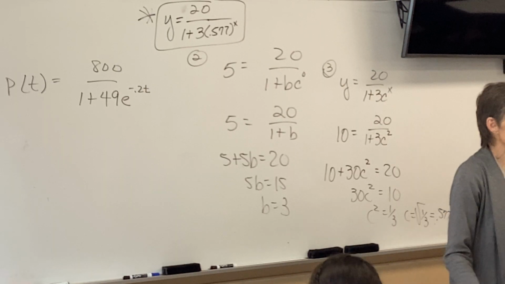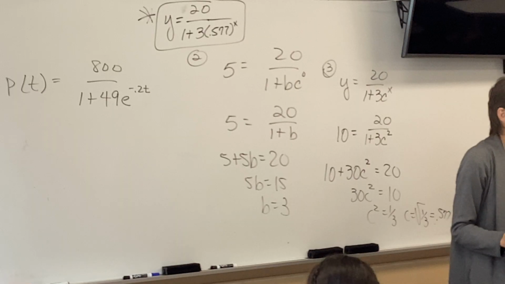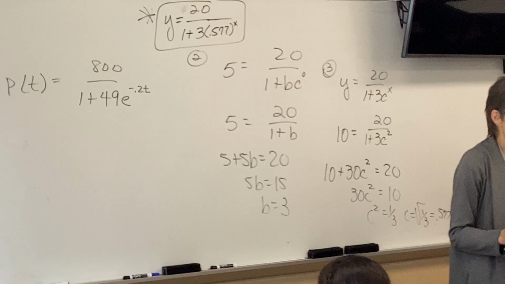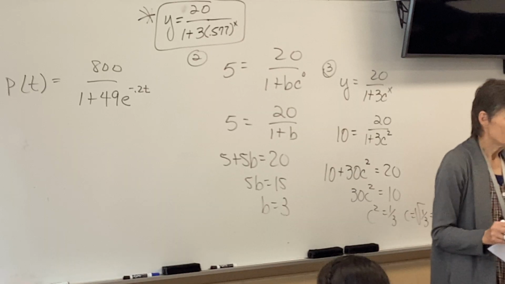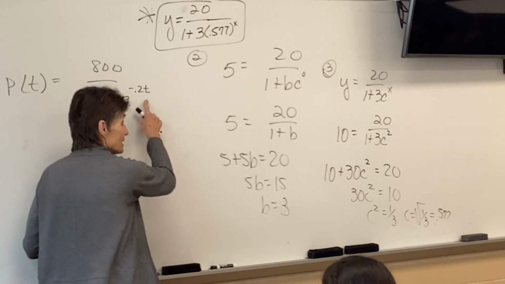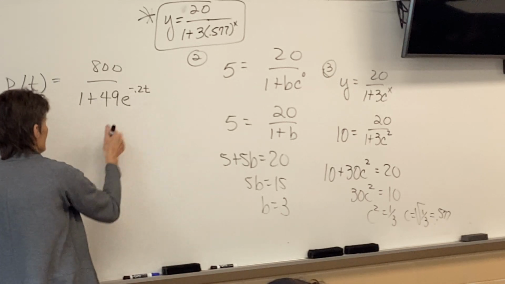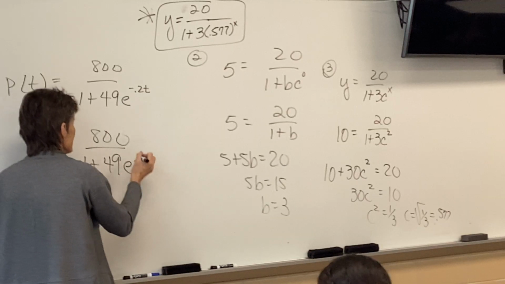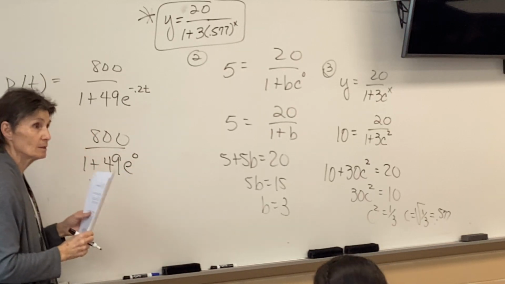The initial value is y when x is 0. To find the initial value, you let x, or in this case t, be 0. So you have 800 over 1 plus 49 e to the 0.